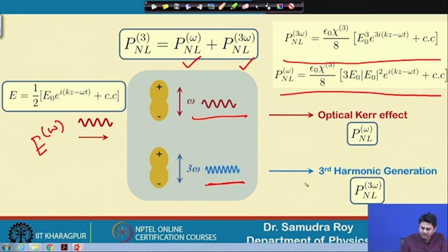So, this is third harmonic generation, which is responsible for this nonlinear polarization, and this is called the optical Kerr effect, which is responsible for the polarization which is now vibrating at the fundamental frequency omega.